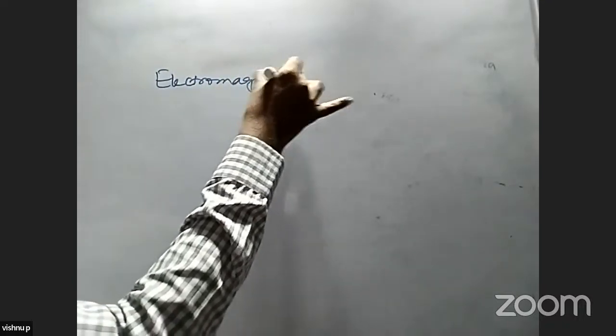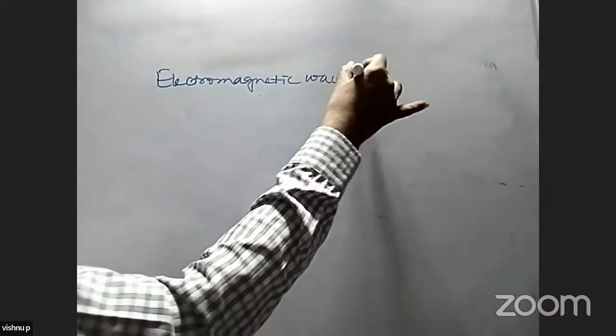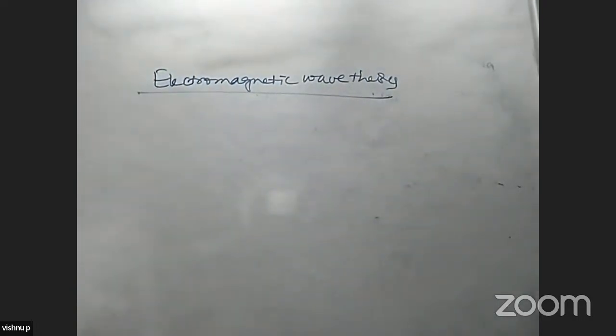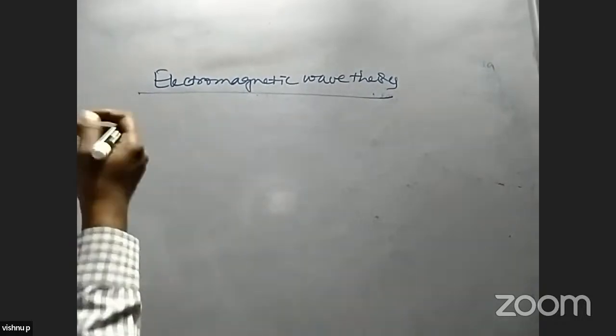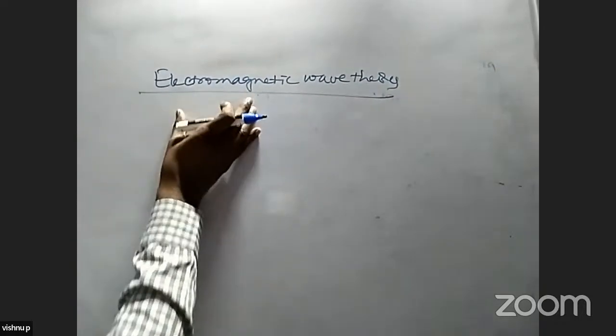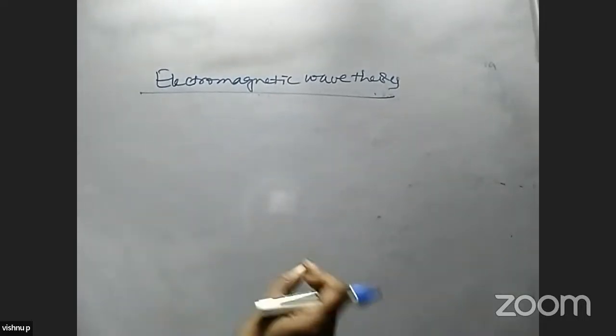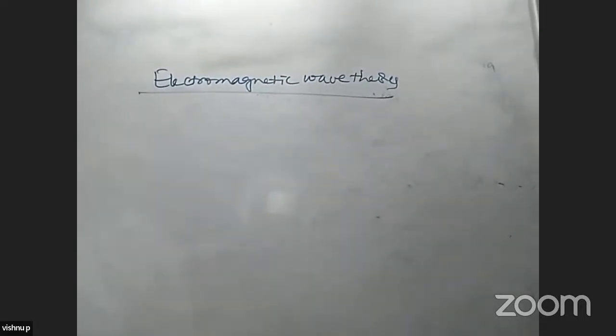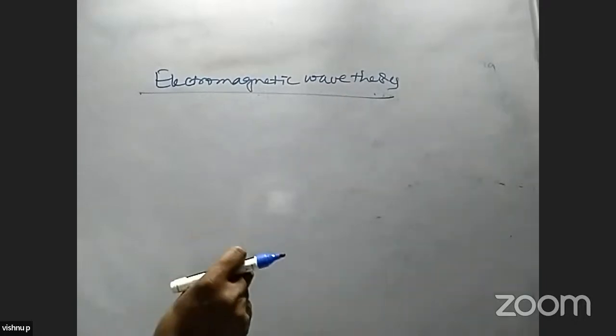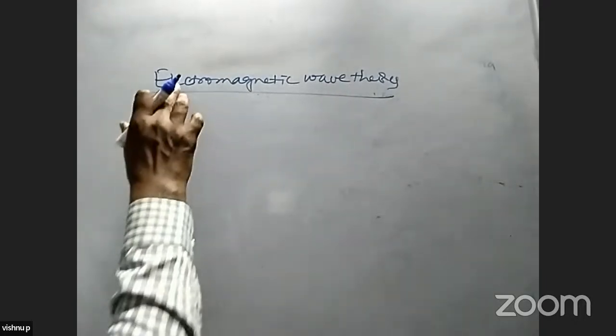Electromagnetic wave theory. According to this theory, electromagnetic waves are generated by any vibrating charged particle placed in a magnetic field, or a vibrating magnet placed in an electric field.